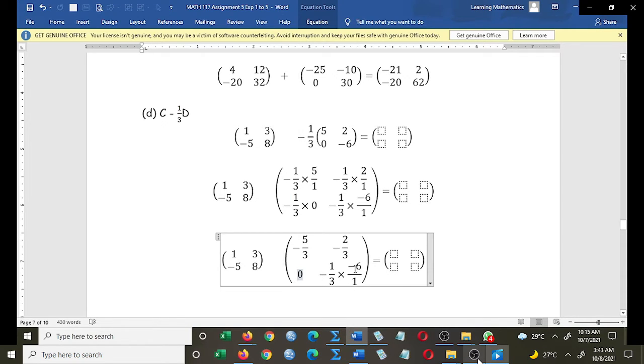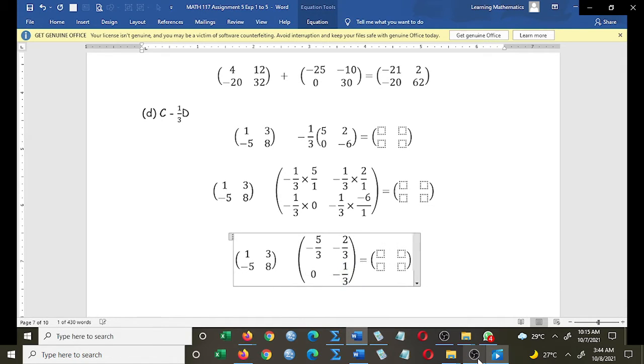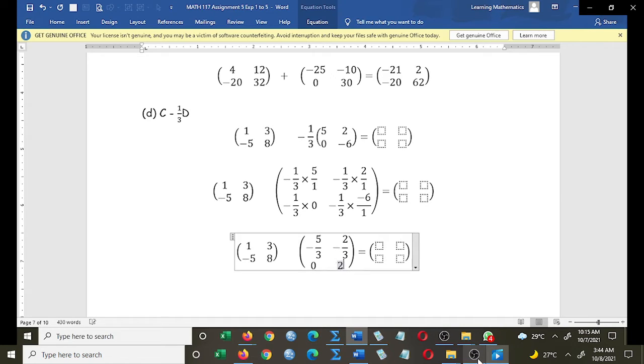A negative times a negative is a positive, right? And then we get 6 over 3, which is actually 2. So now we're ready to get our answer. What symbol is between them?